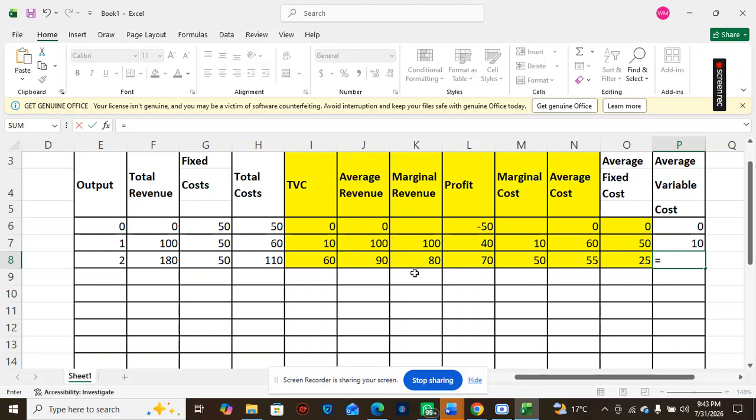When we produce 2 units, total variable cost 60, output 2, so average variable cost is 30. Any questions, colleagues, on this?